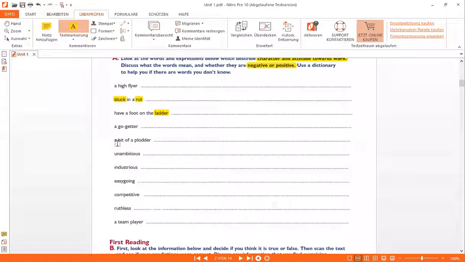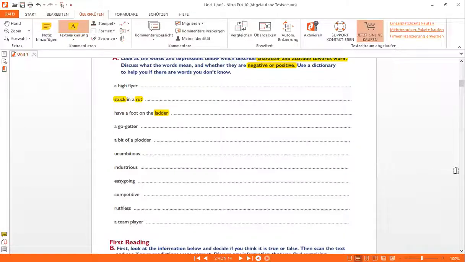You've got the next one, a bit of a plodder. A plodder is basically somebody who works very hard, but they work laboriously and slowly, and typically they're without imagination. They just do what they have to do, even if it's a drudgery, even if it's hard work, and it's also boring for them.